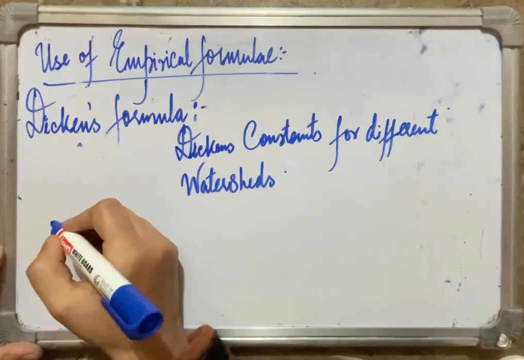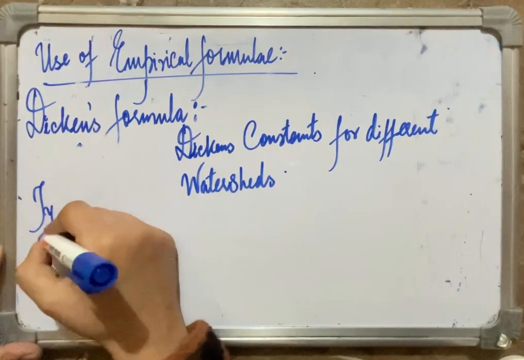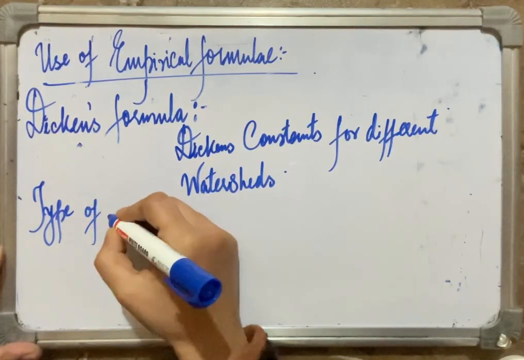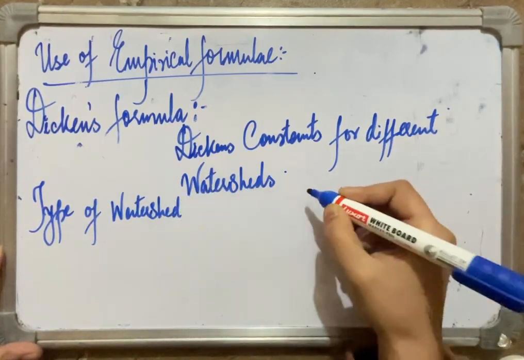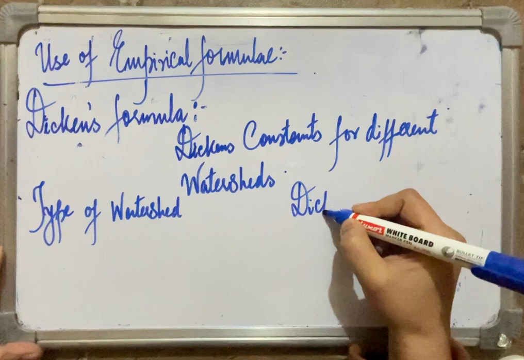Here I write type of watershed, and here Dickens constant.